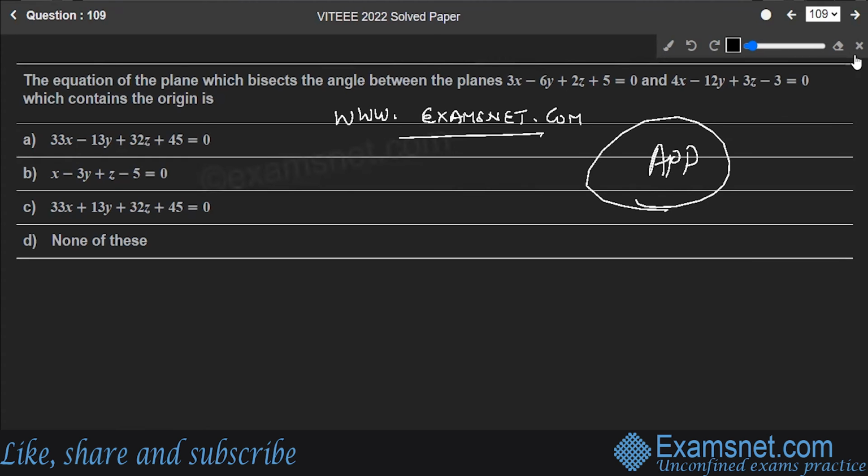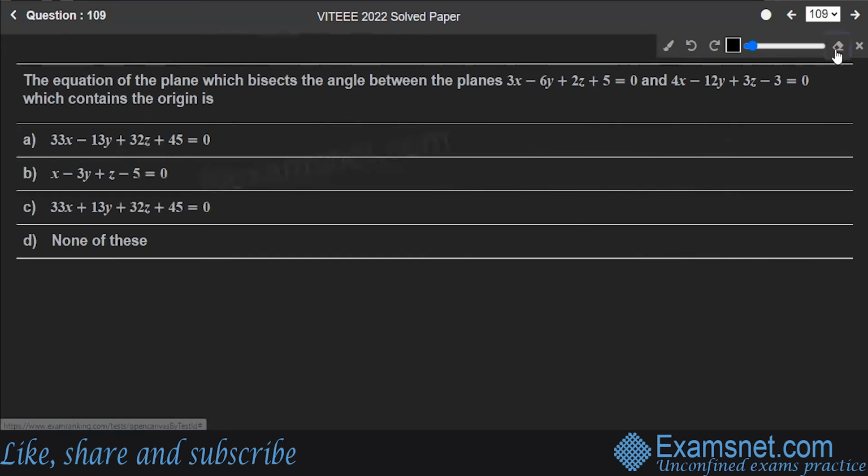Let's go with question number 109. The equation of the plane which bisects the angle between the planes this and which contains the origin is given by what? Okay, so the equation of the plane which is bisecting the angle containing the origin and making the constant term of the same sign.